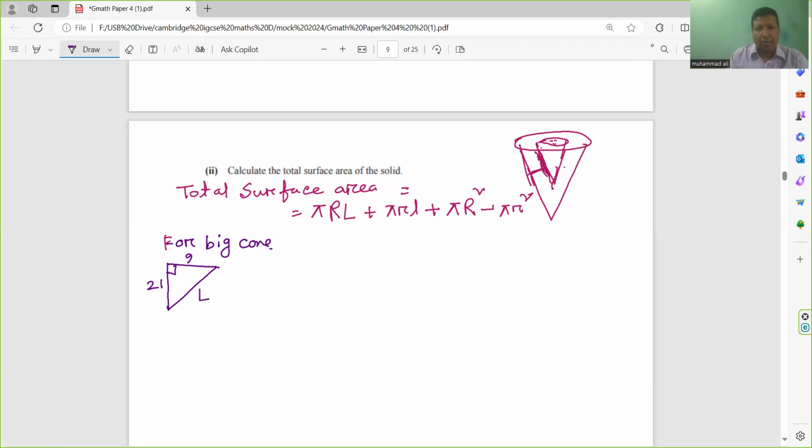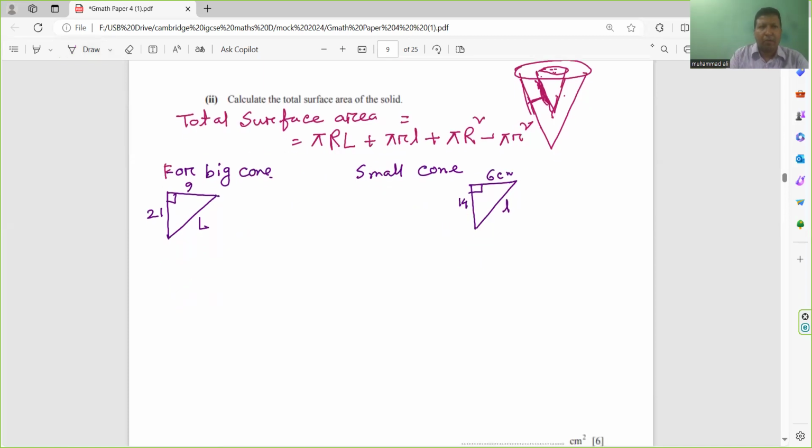We have to find out the slant height. And for the small cone, if we draw, radius equals 6 centimeter and vertical height is 14 centimeter.